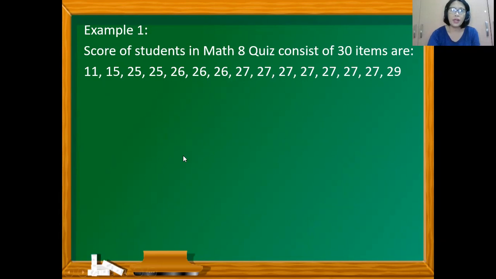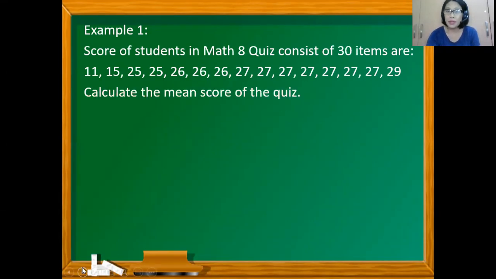So here we are asked to calculate the mean score of the quiz. Working on the formula, this is the sum of all the values over the total observations. So we will be adding the 15 scores.